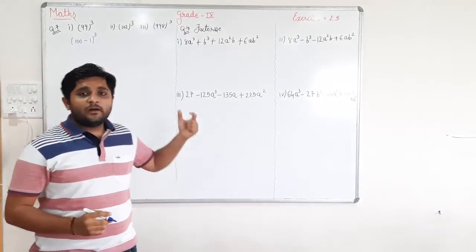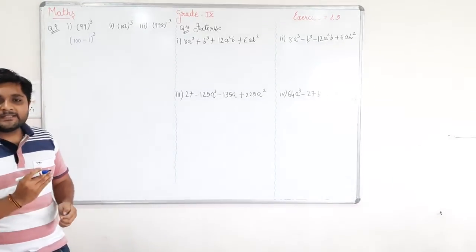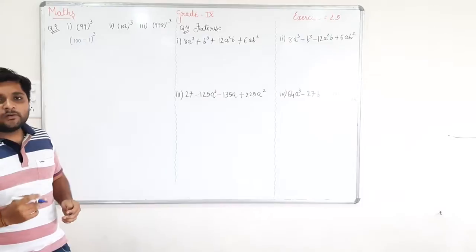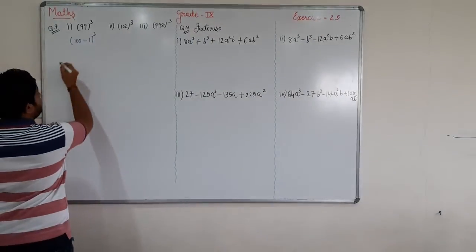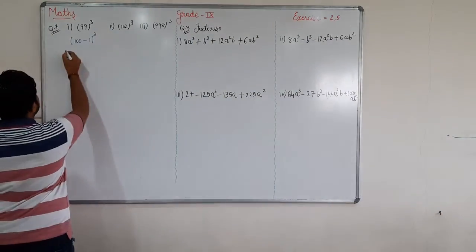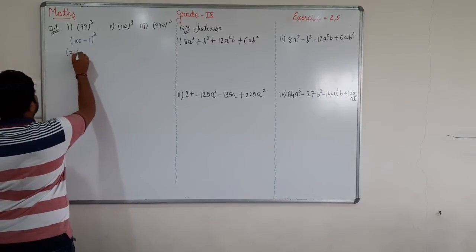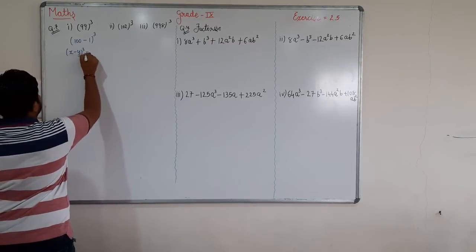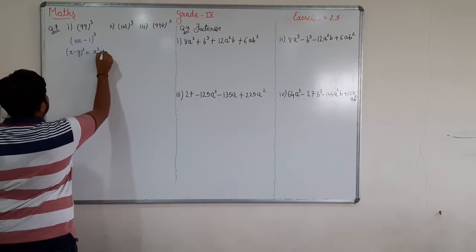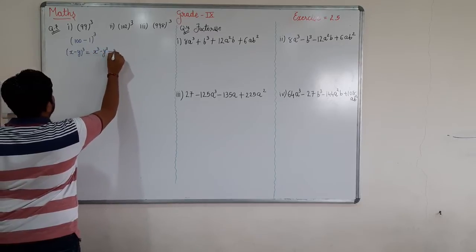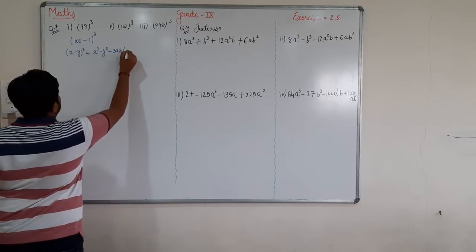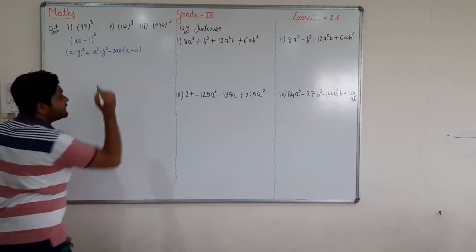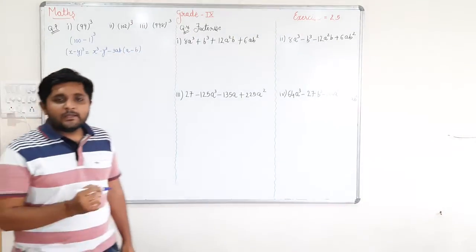Now the identity we have is (x minus y) all raised to power 3. So let me write the identity over here. This identity we are going to use over here.